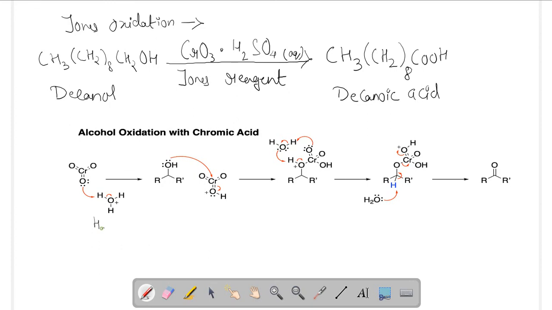So what happens, the chromium trioxide is mixed with aqueous H2SO4. That means hydronium ion will be there, and due to the presence of hydronium ion, the O will have a positive charge.